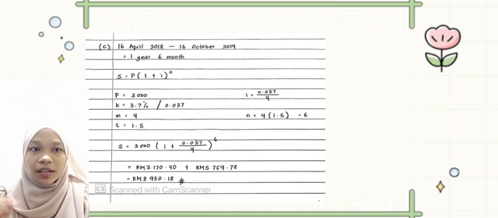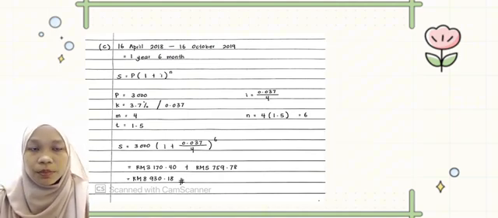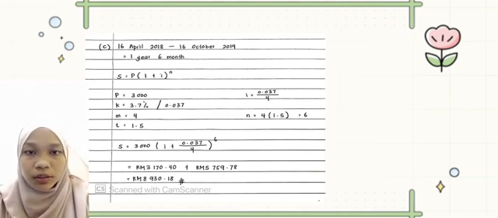The question asks to find the final balance on 16 October 2019 if 3,000 ringgit was invested on 16 April 2018. The interest is compounded quarterly at an annual rate of 3.7%. Firstly, determine the time period from 16 April 2018 to 16 October 2019, which is 1 year 6 months or 1.5 years.